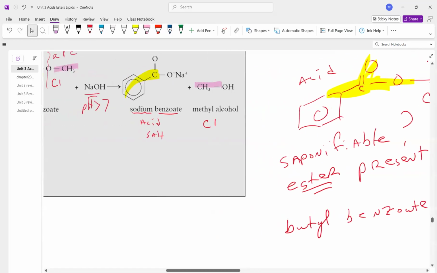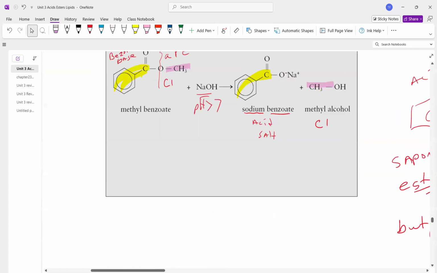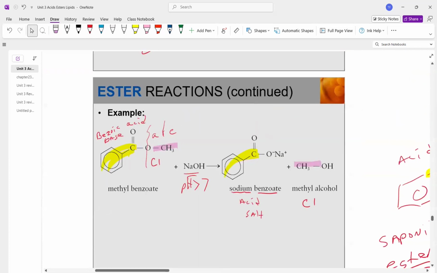So over here, OCO, one of them is double bonded: ester. Now, if they're both single bonded O's, it's an acetal or ketal. If one of them is double bonded, it's an ester.